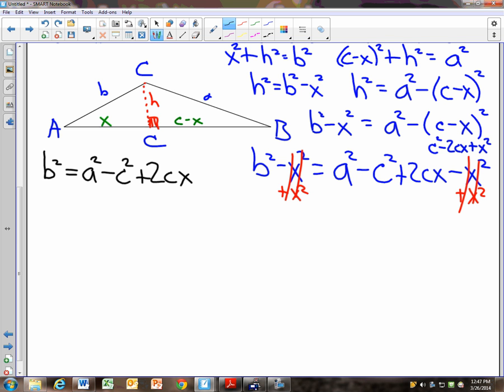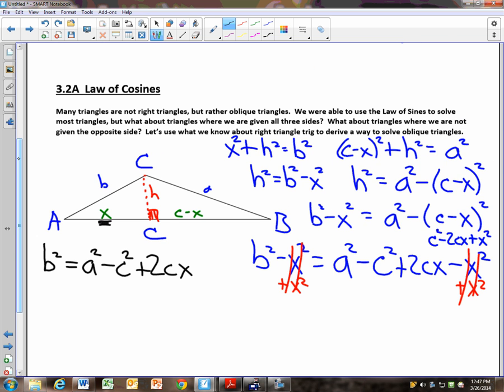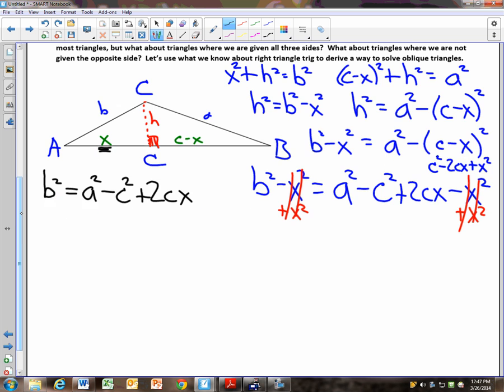The x is right here. There it is. Which trig ratio involves that side x? Cosine, because the goal for today is to use the law of cosines, right? So let's write it. Cosine of what angle?